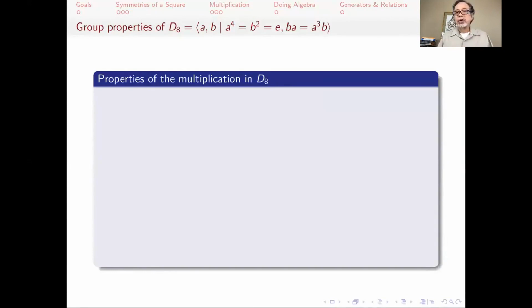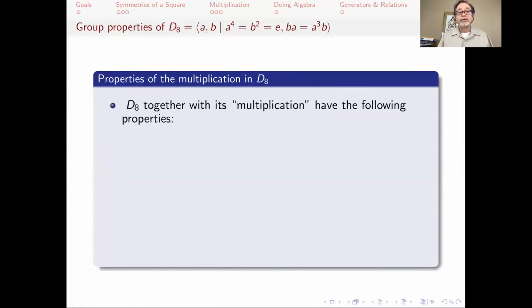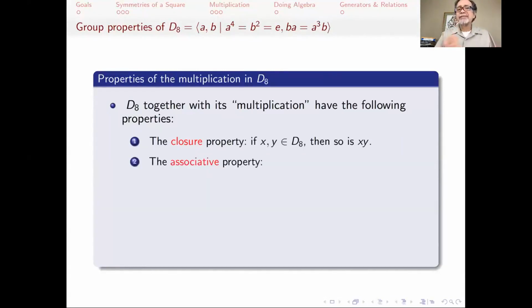Now I want to talk about what properties multiplication in D8 has. First of all, we have the closure property. If you have two elements of D8, any of these symmetries, and you combine them, that combination is also a symmetry. We also have the associative property. That means that if you have three symmetries and you do them in a row, it doesn't matter which two you combine first.